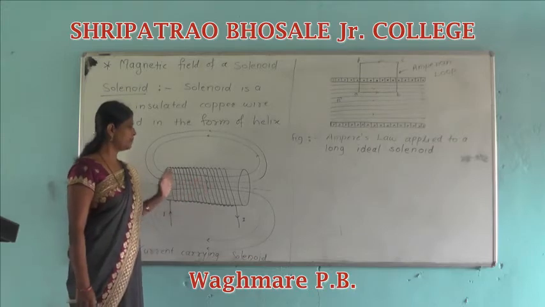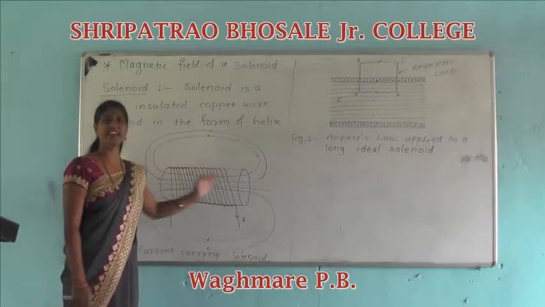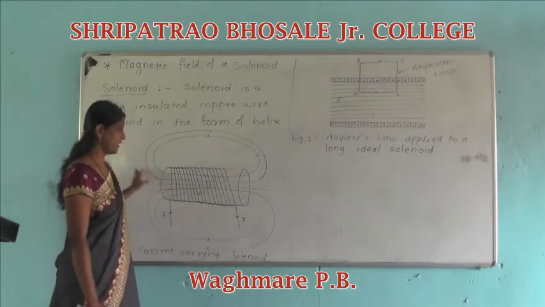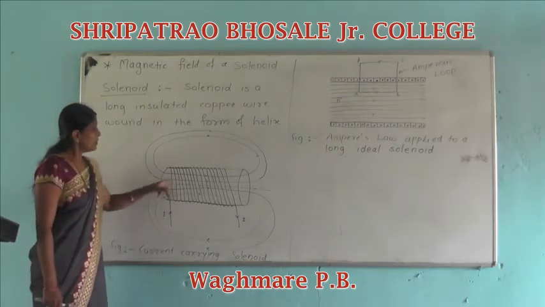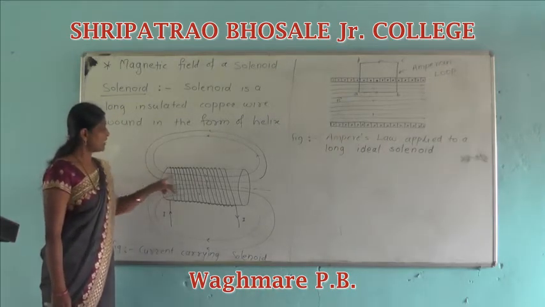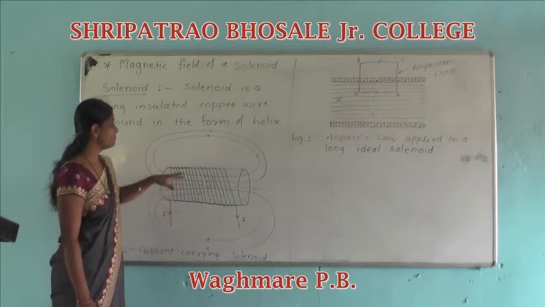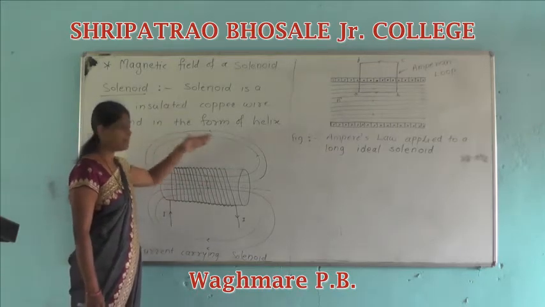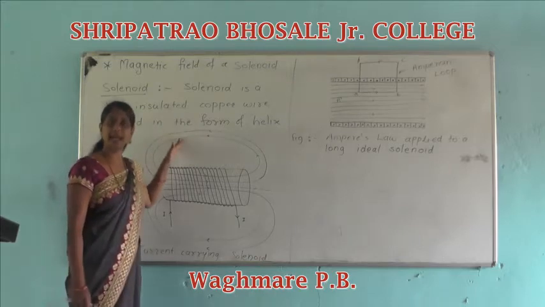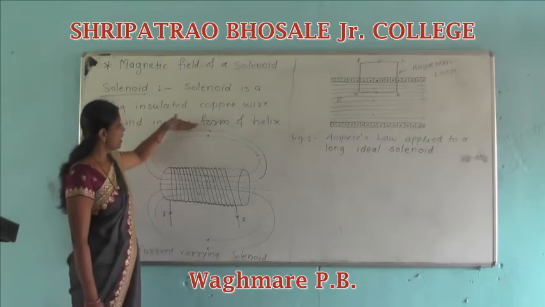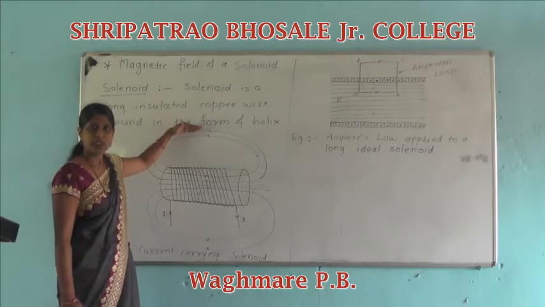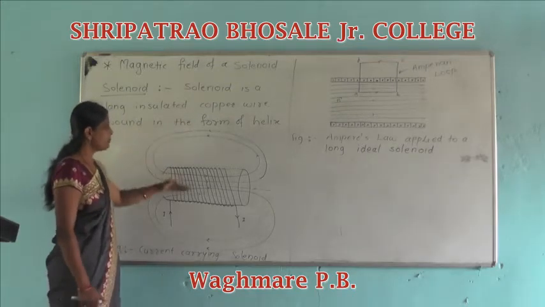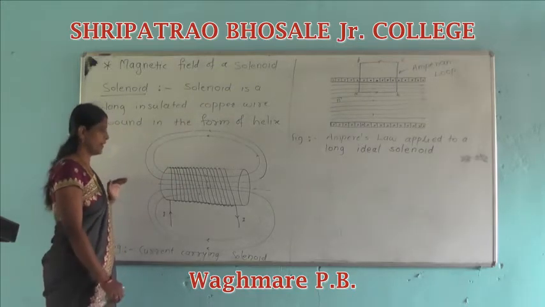This ideal solenoid has a uniform magnetic field inside the solenoid near the axis, and the magnetic lines of force are parallel inside the solenoid, and outside the solenoid they are widely spaced. Therefore, we can say that the magnetic field outside the solenoid is less as compared to inside the solenoid.